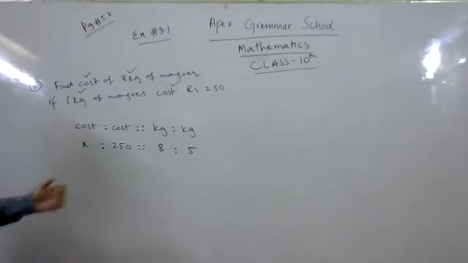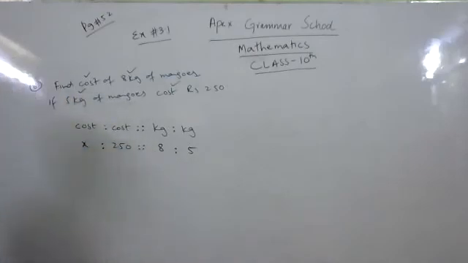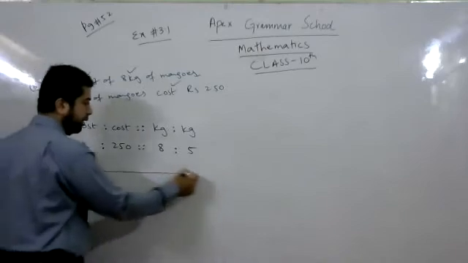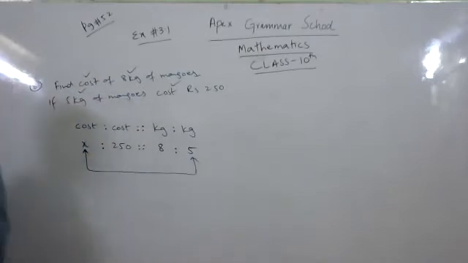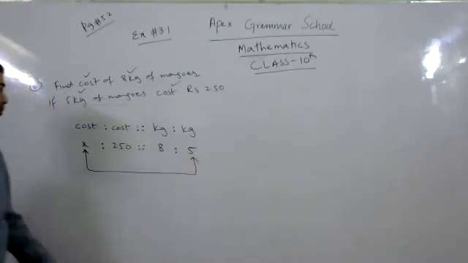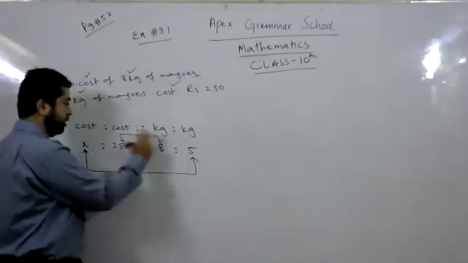Now you can see that you have two ratios, first is this and second is this. And you have a criterion that these are what? Extremes. I've already told you recently. The last values are called extremes and the middle values are called means.